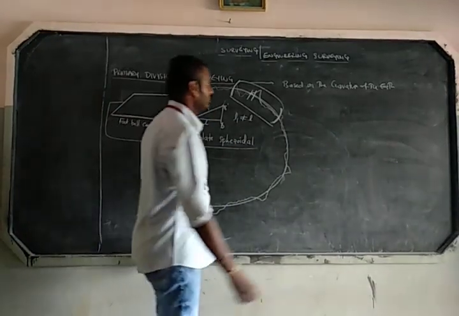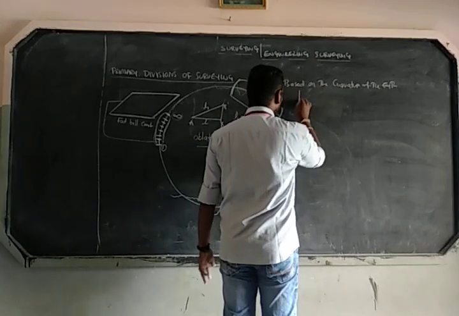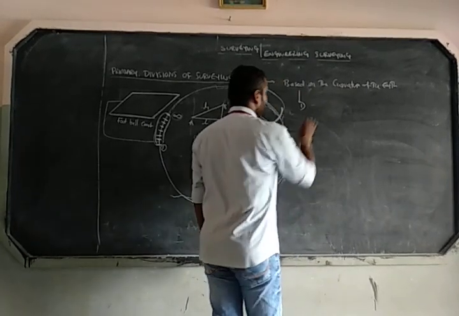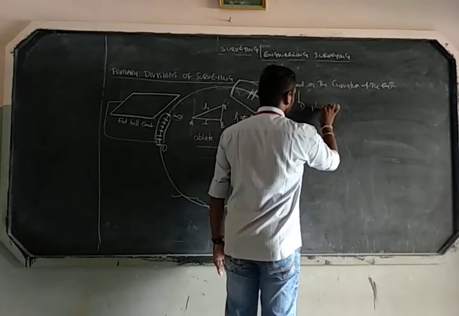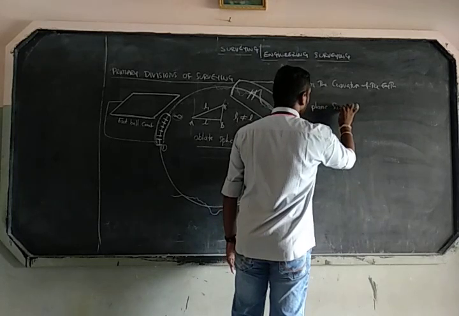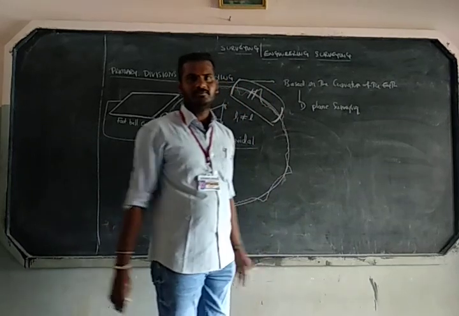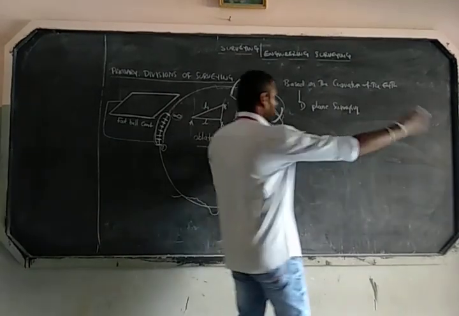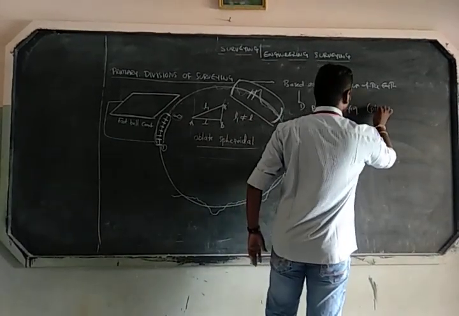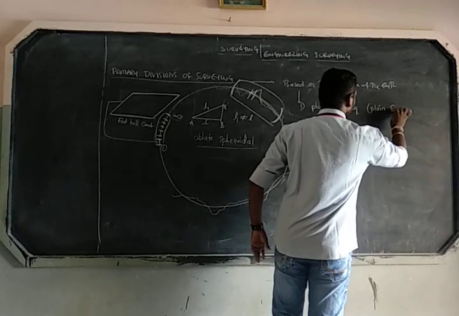Primary divisions of surveying. They are, first one is plane surveying, which deals with what we look at, means plane area, plane surface.